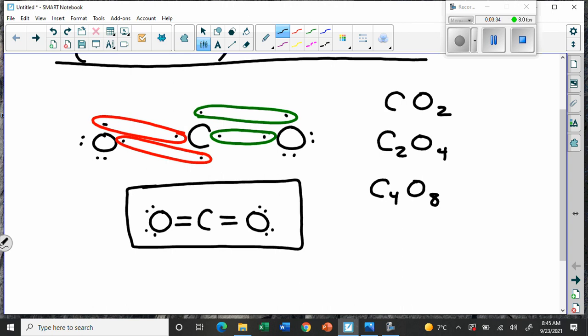Now, in reality, a lot of these combinations are not that stable. When you start packing things together, you have to remember something. Electrons are negative. So all of these little pairs of electrons here and here, and even these bonds, which are actually pairs of electrons, they all repel each other because of their negative charge.